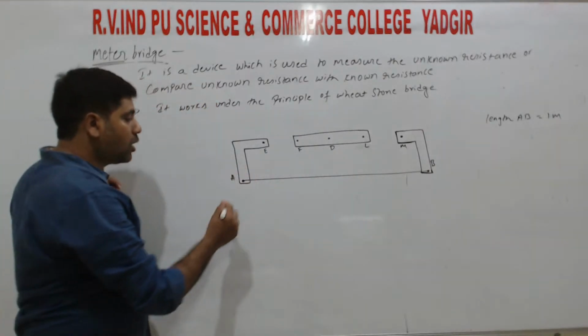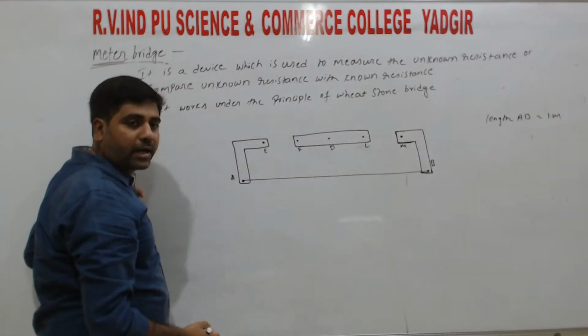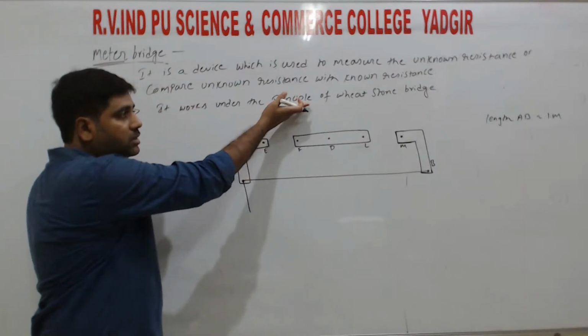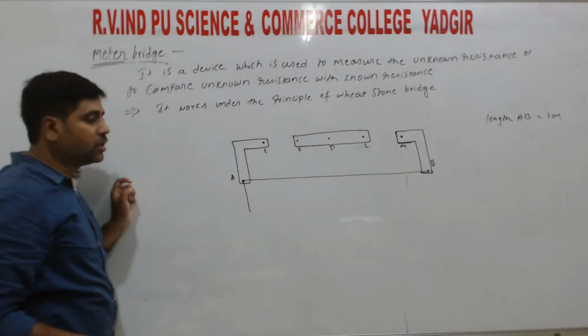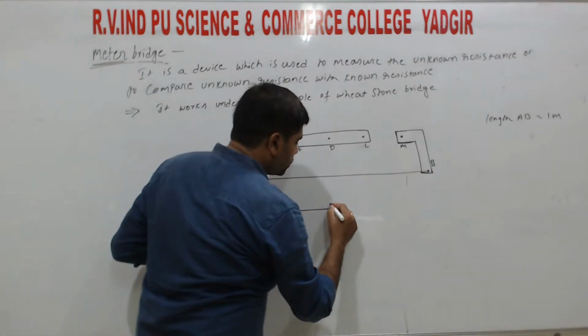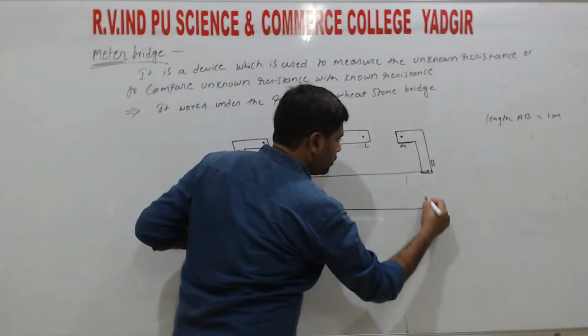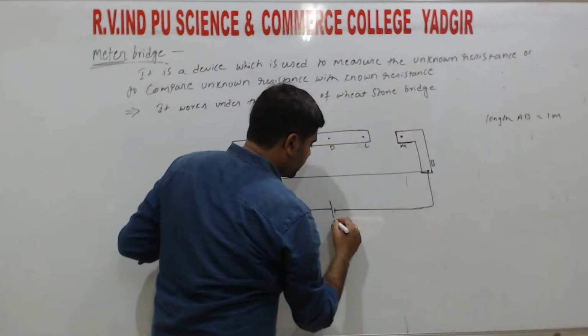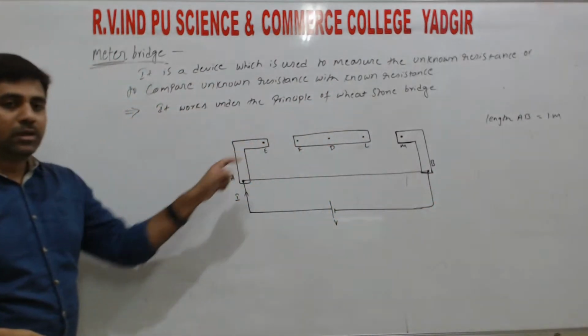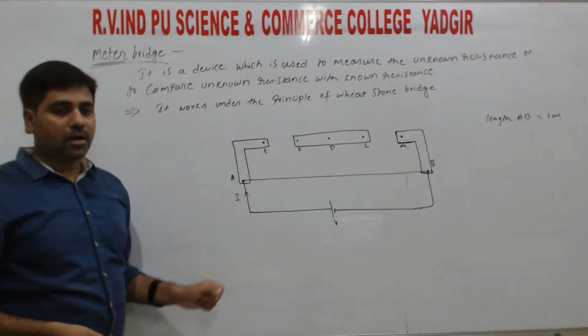Now at the points A and B we connect the external power source. As this works under the principle of the Wheatstone bridge, this arrangement is connected to the external source of battery voltage, right? So current I is flowing through the circuit, through the bridge.